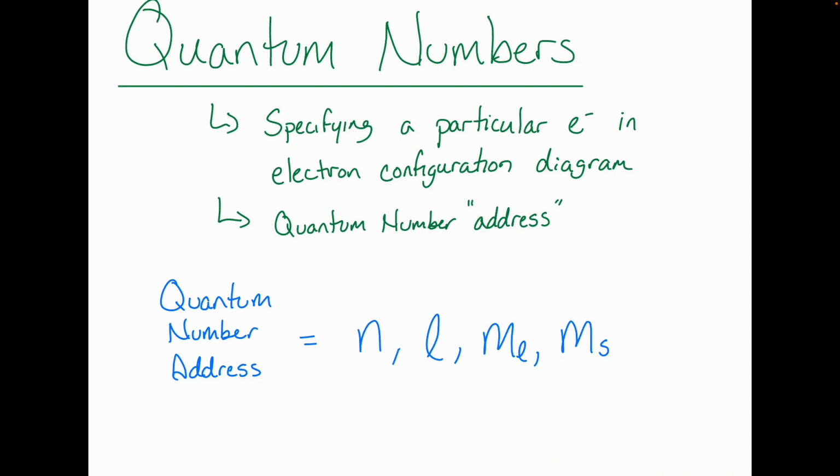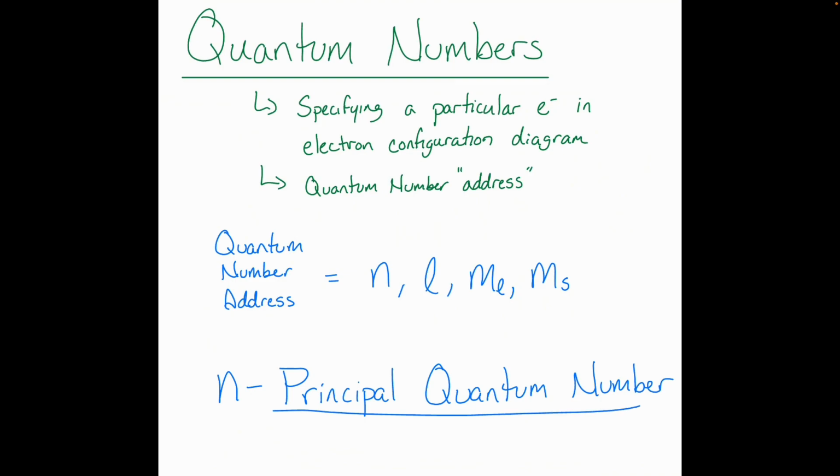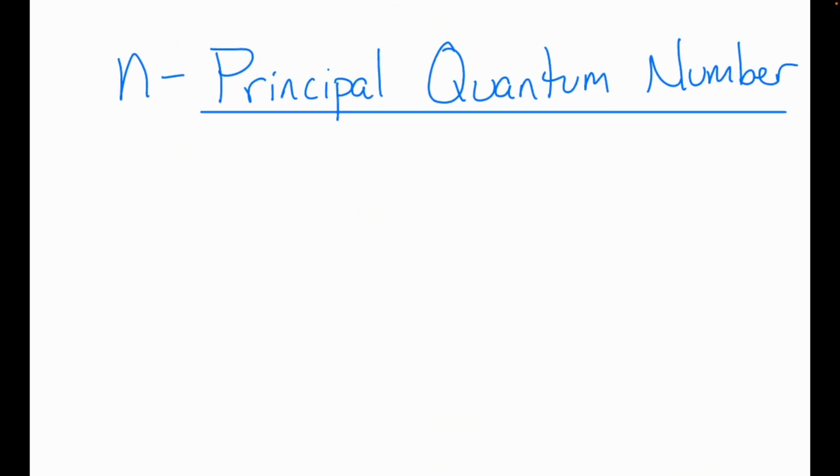So if I ask you for the quantum number address of an electron, you're going to give me 4 digits here. Let's talk about what each one of these digits represents. n is what's called our principal quantum number, and it's one that we've talked about before.